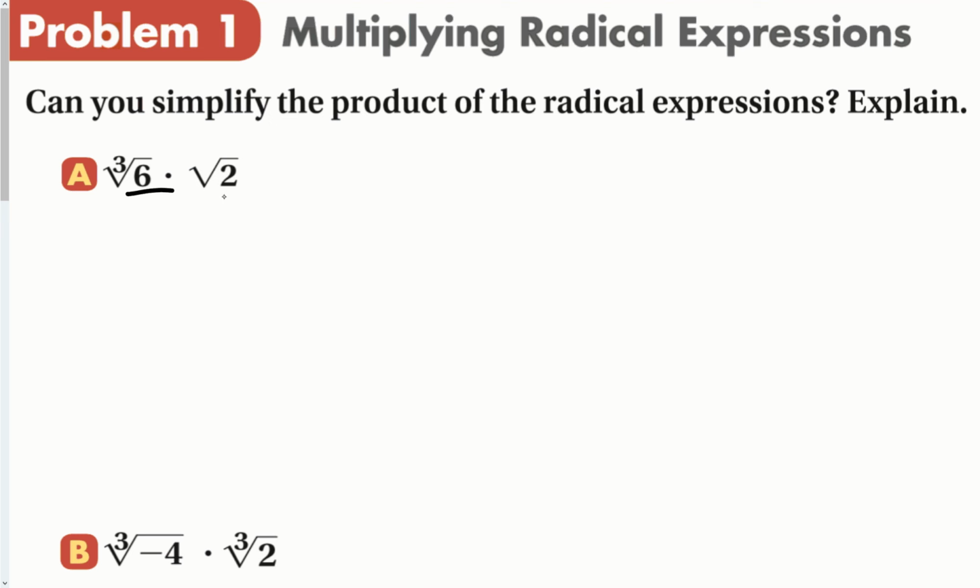You might be tempted to say that this is a root of 12, but because the index is different, there's nothing you can do here. This is as simple as you can make it. So for part A, the answer is just the third root of 6 times the square root of 2. You cannot put those two together.